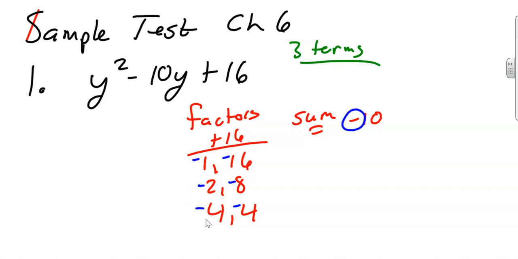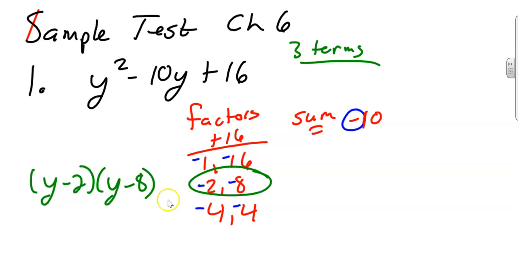Pair that adds up to negative 10, that would be the 2 and 8. So y minus 2 and y minus 8.